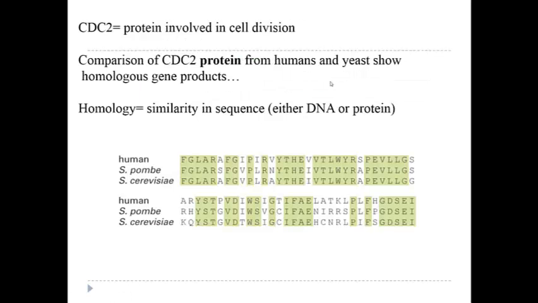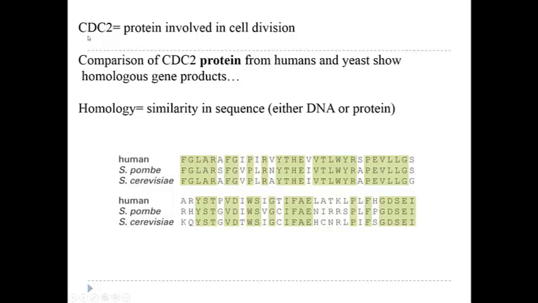So we've seen examples, but how do we really know that the similarities or the molecules that we find inside a human cell are similar to other organisms? There's a classic example that's outlined in Chapter 1 of your book about the CDC2 protein encoded by the CDC2 gene.